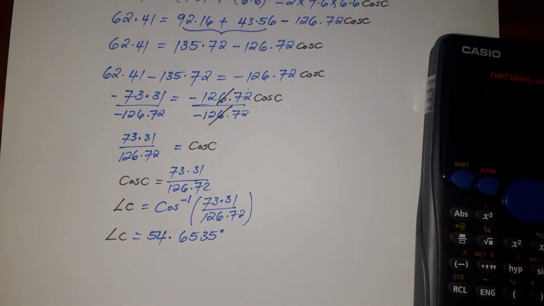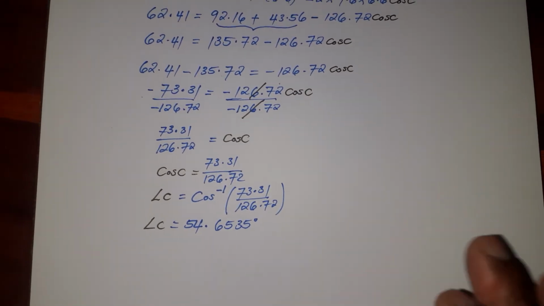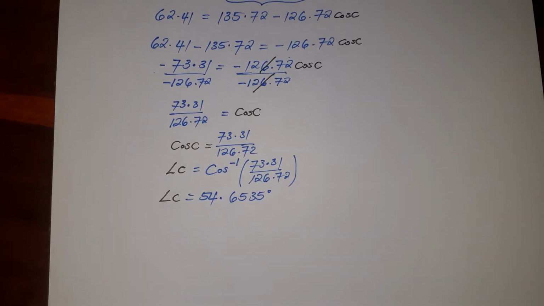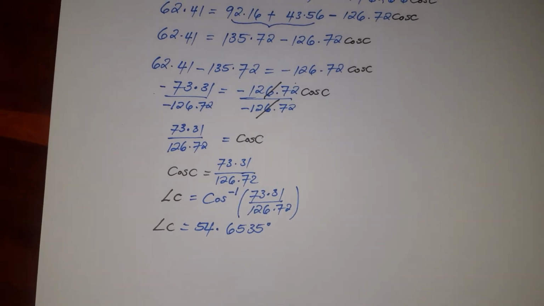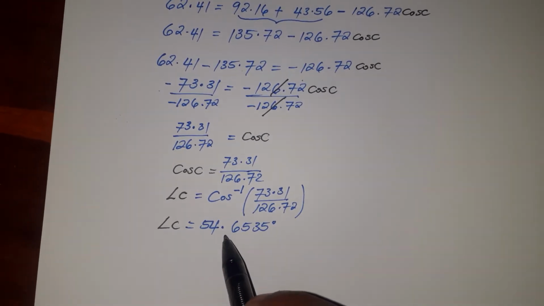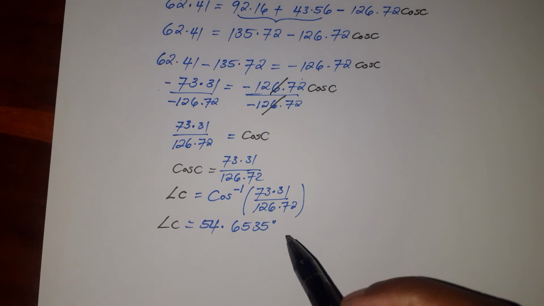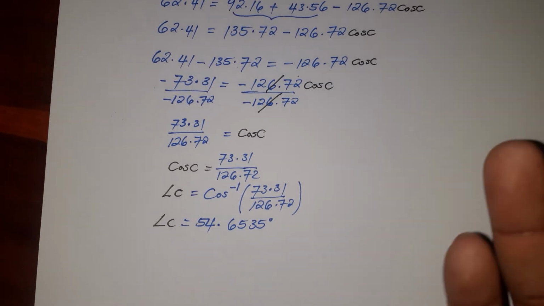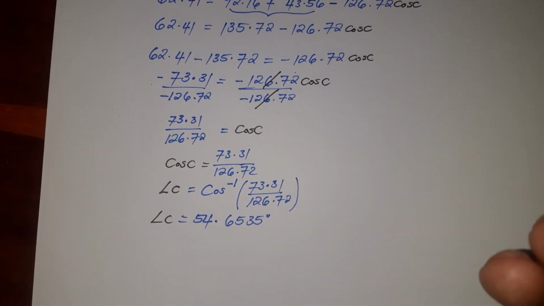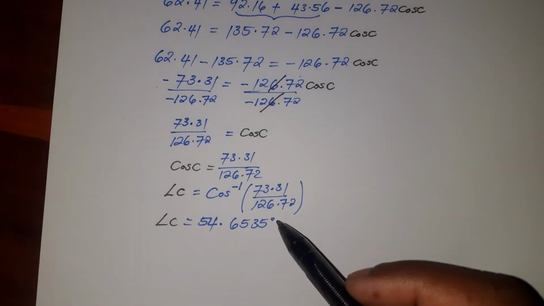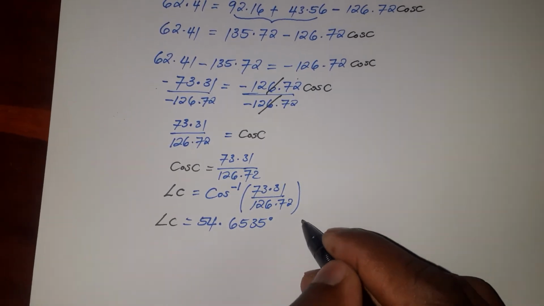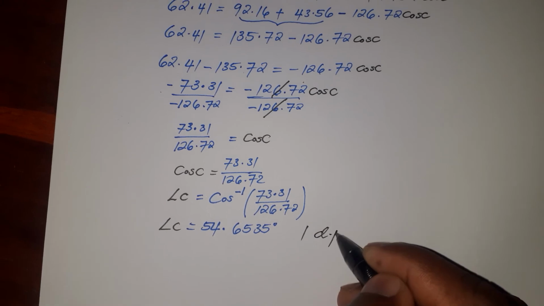If you write the first 5 numbers, it's fine. But what we need to keep in mind is that in mathematics, whenever you are writing an answer which involves degree, the answer should be to 1 decimal place.